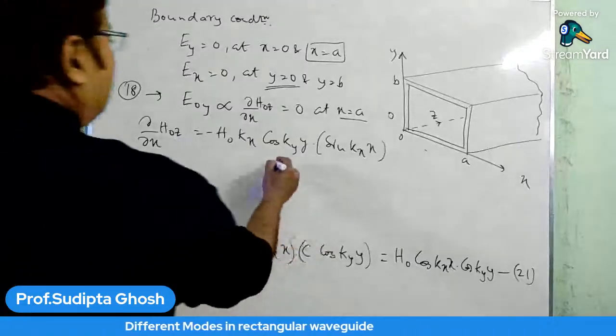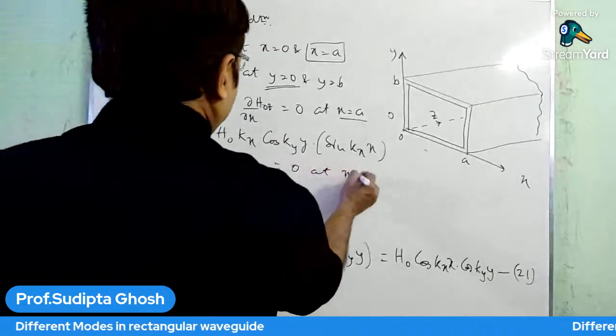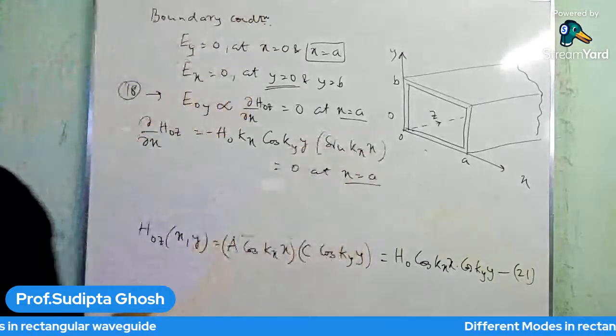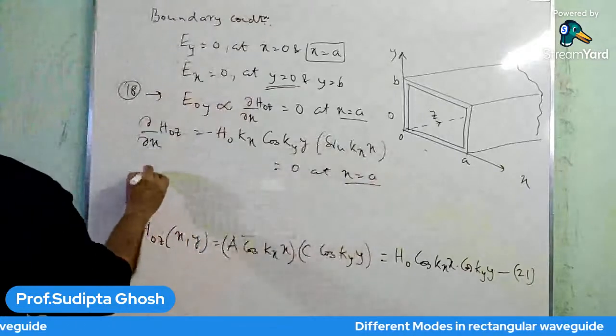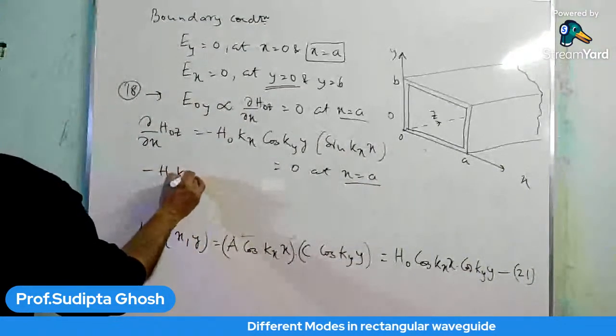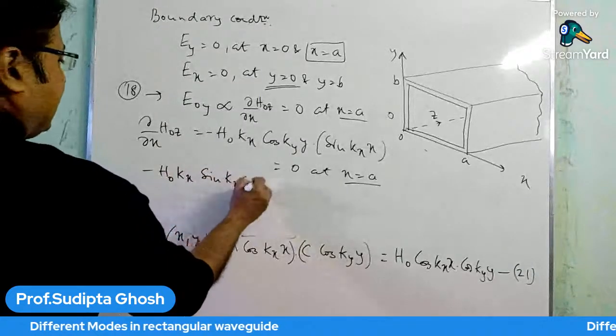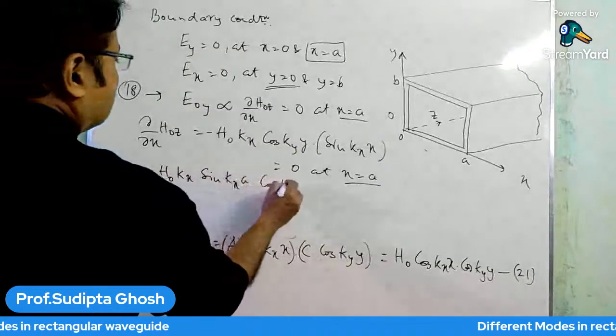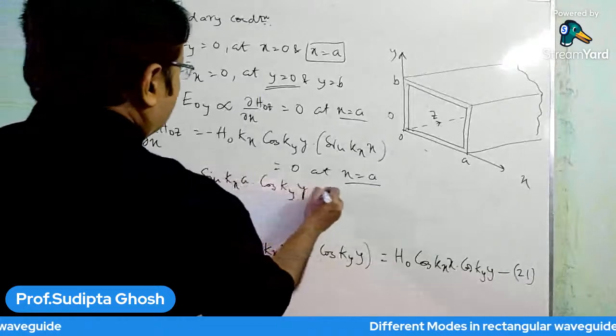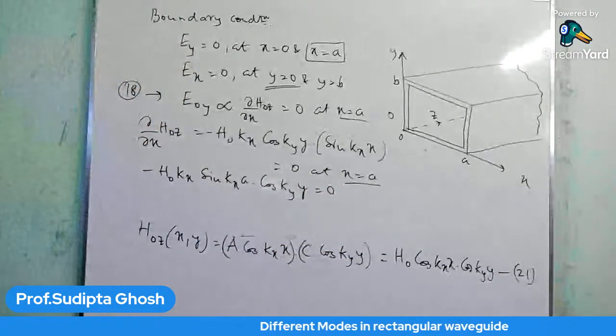This value is 0 at x equals a. So putting x equals a, we have minus H0 kx sin kx a into cos ky y equals 0.